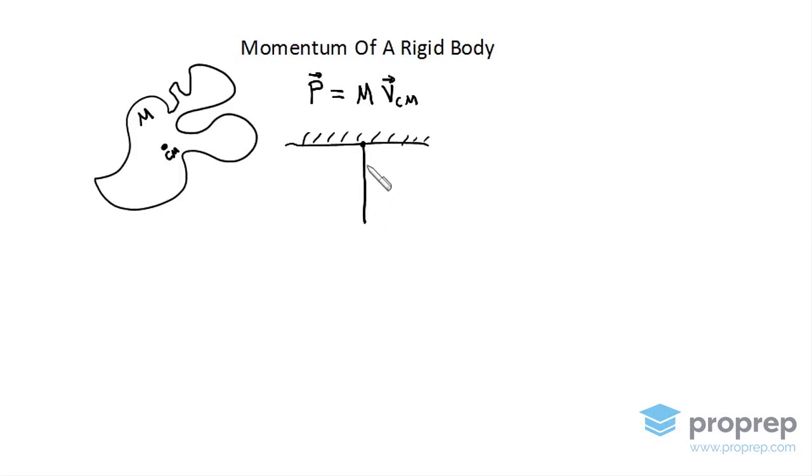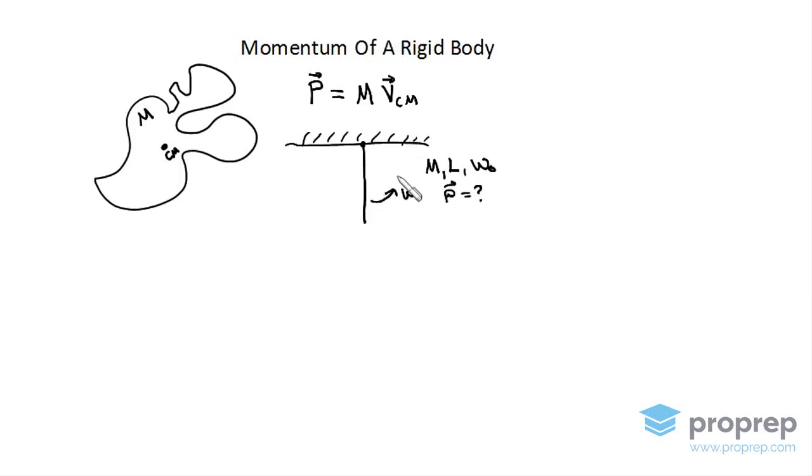The rod is rigid, and it's of mass m, it's of length L, and it's moving like a pendulum, up here, down, up to this side, and let's say it's going at omega 0. Omega 0 is given to us, and we're being asked to find what its momentum is equal to.